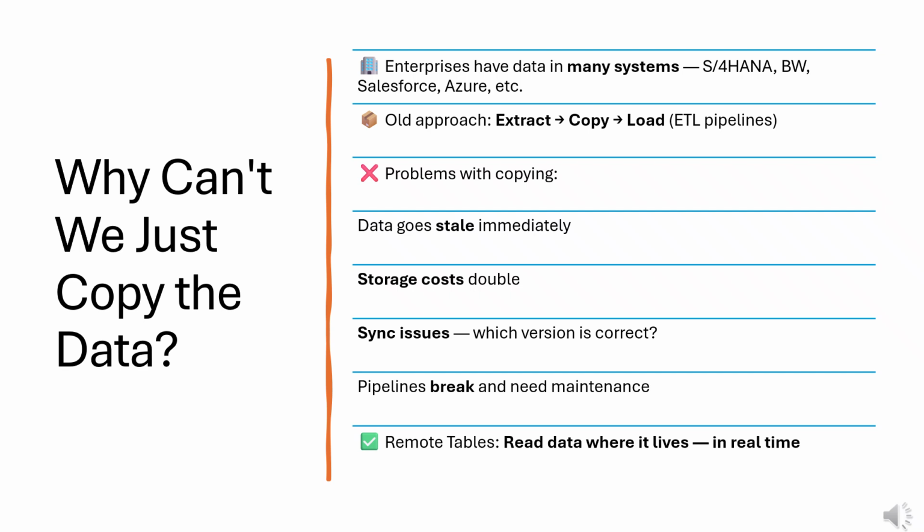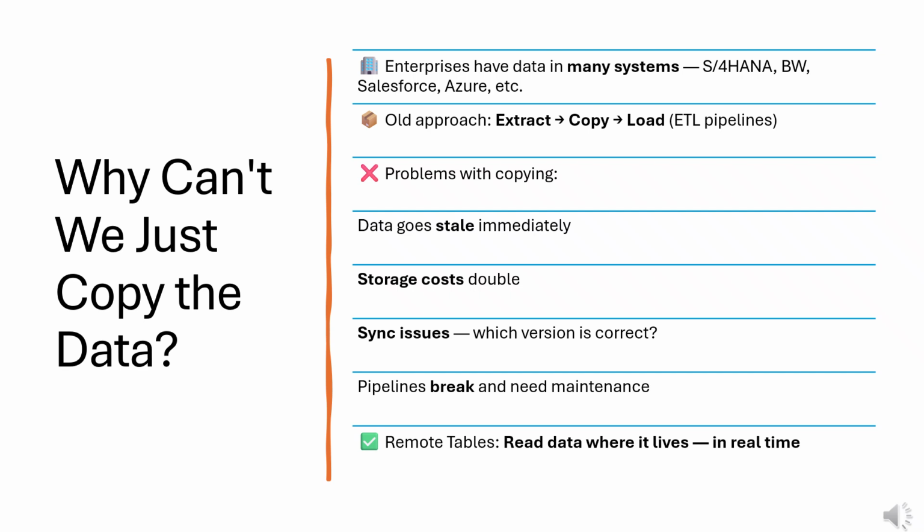So guys, here's a classic enterprise problem. Let's say your company runs S4 HANA for finance, Salesforce for sales, and maybe some data sitting in Azure. Your analytics team in SAP BDC needs all of it. The old school approach: copy everything into one place using ETL pipelines, that is extraction, transformation, loading, right?